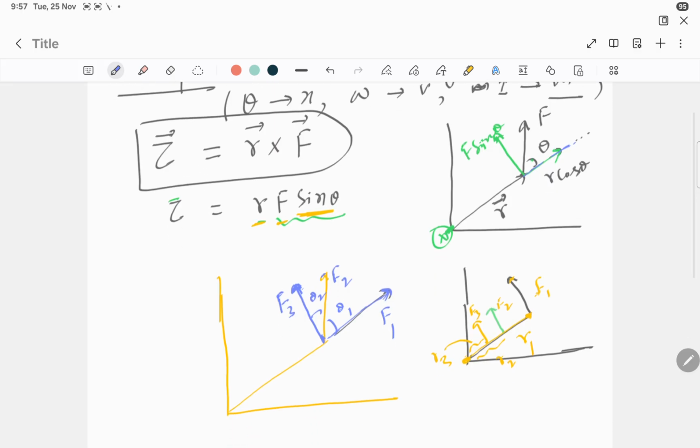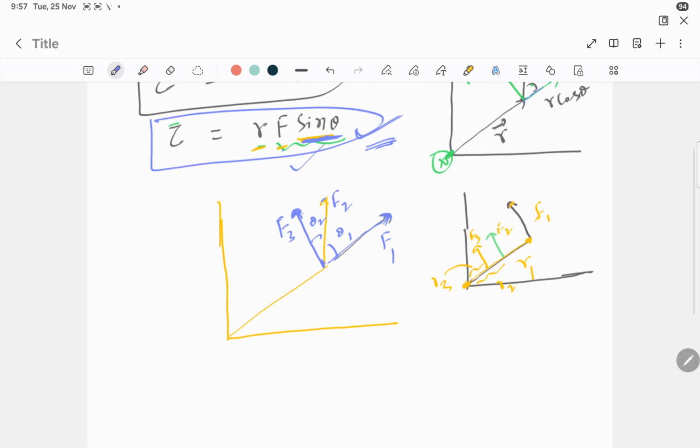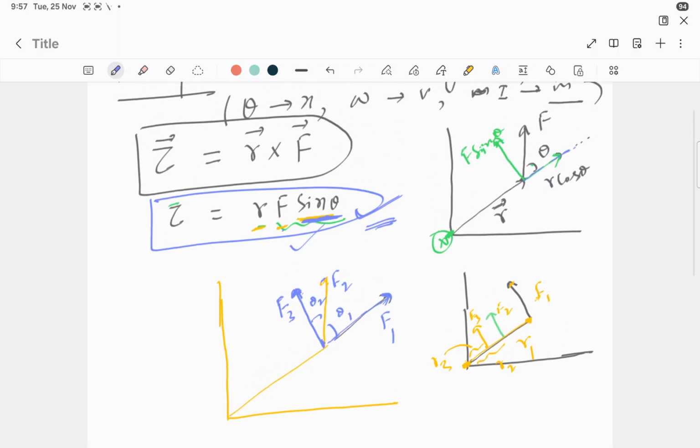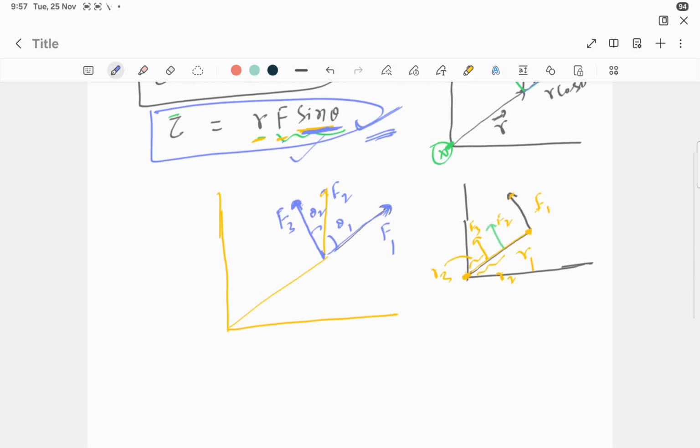The perpendicular component is obviously F sine theta. So that's why the whole combination r into F into sine theta accounts for something which causes rotation or produces angular acceleration. This is the reason. Now let me come to the mathematical expression for torque in terms of cross product.